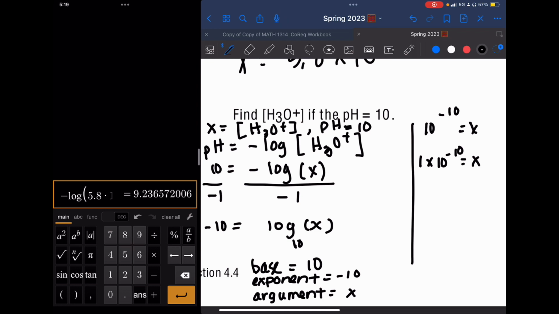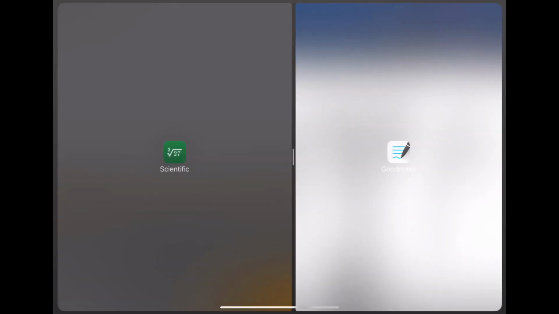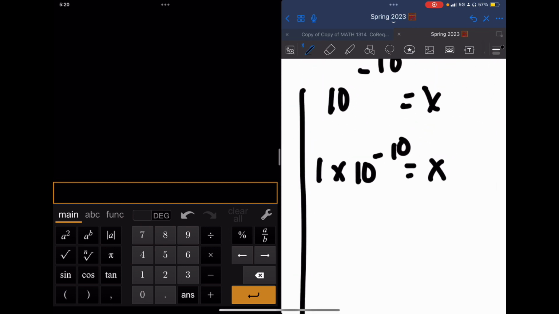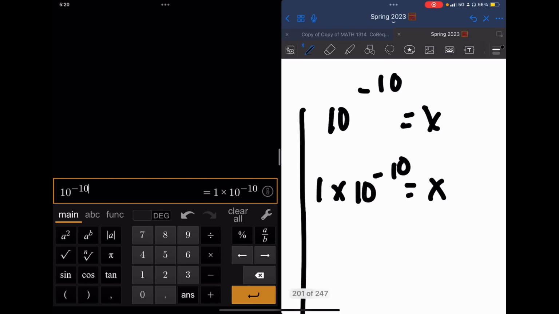If we put that into our calculator, it should give us scientific notation. Ten raised to the negative 10 gave us the answer 1 times 10 to the negative 10.